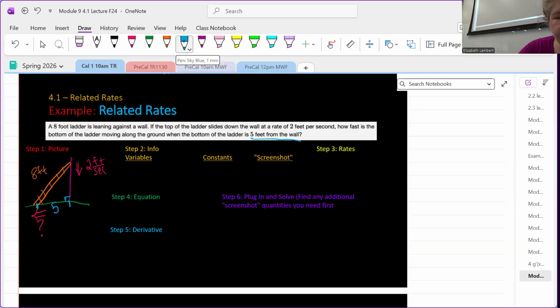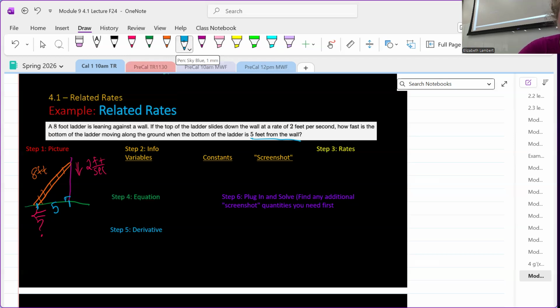And then I've got how high up the wall the ladder is positioned. So I'm looking at all of these distances: the distance from the bottom of the ladder to the wall, the distance from the ground to the top of the ladder, and the length of the ladder.